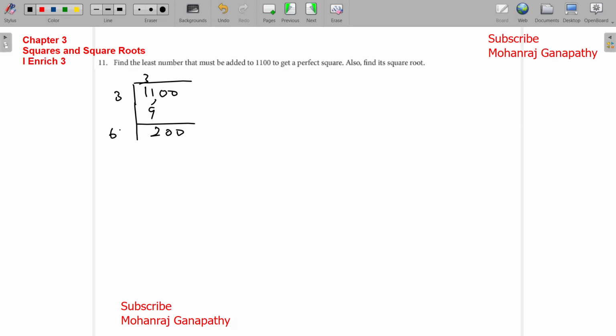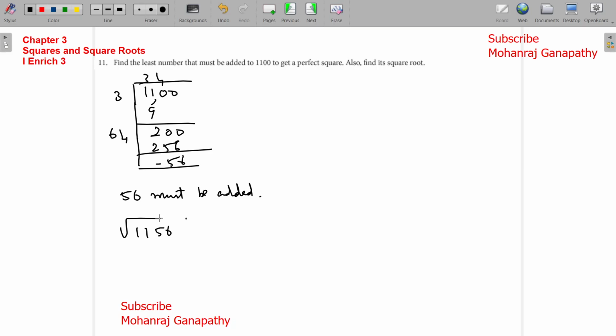What number must be added? 4 4s are 16. 24. 25. So minus 56. So we need to add 56. On adding 56, we will get 1156. Square root of 1156 is 34.